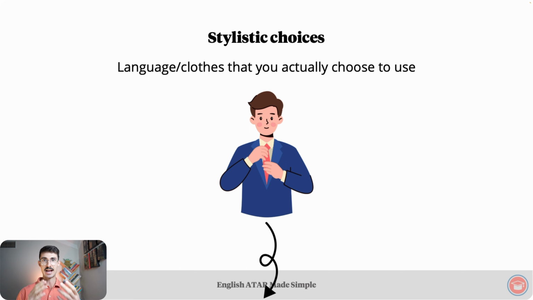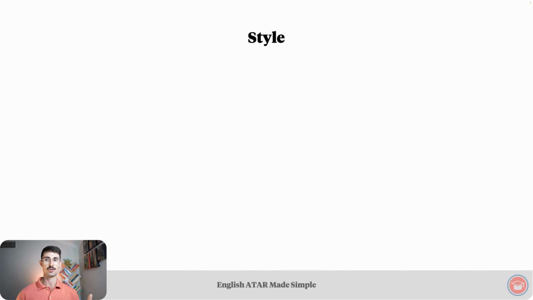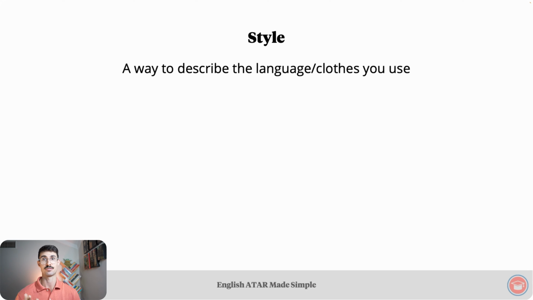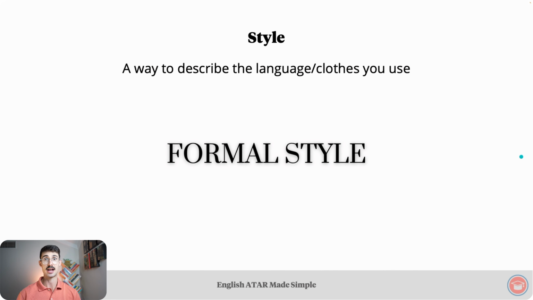The clothes that you actually choose to use lead to your style, and style refers to a way to describe the language or clothes that you use. For instance, it could be said that old mate Harvey has a formal style, as evidenced by his suit. As we established a bit earlier, you can use the list of adjectives that are in the PDF study notes to describe someone's style. Hopefully, that makes the difference between stylistic features, stylistic choices, and style a bit clearer.